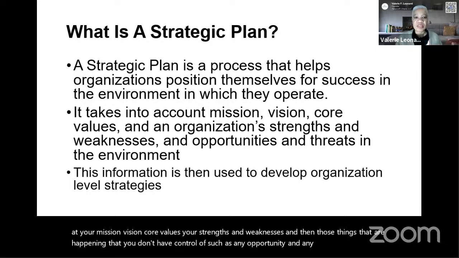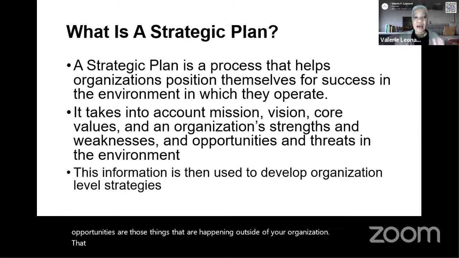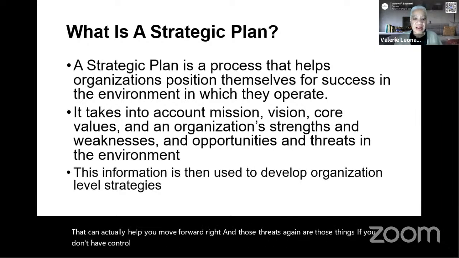Opportunities are those things that are happening outside of your organization that can actually help you move forward. And threats, again, are those things that you don't have control over that go on in the environment that can hurt your ability to meet your goals and objectives.